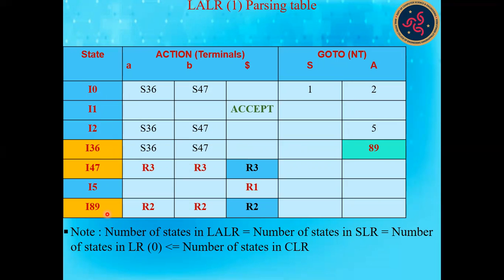So we can say that the number of states in the LALR parser will be the same as the number of states in the SLR parser, which is equal to the number of states in the LR0 parser. The number of states in a CLR parser can be greater than the others. It can be equal or it can have a greater number of states.